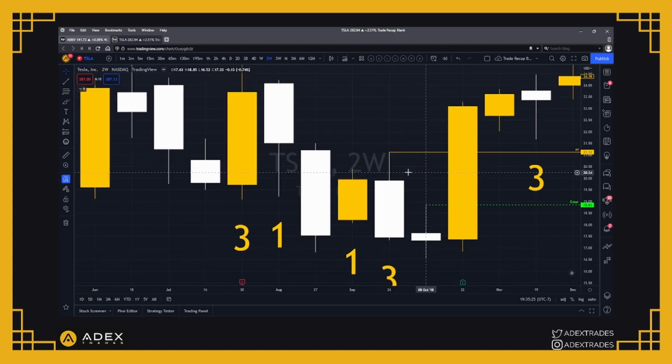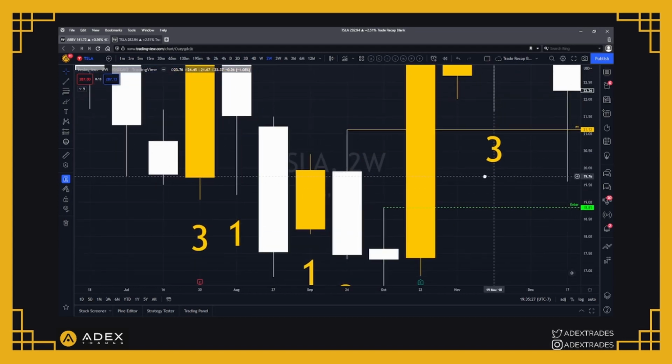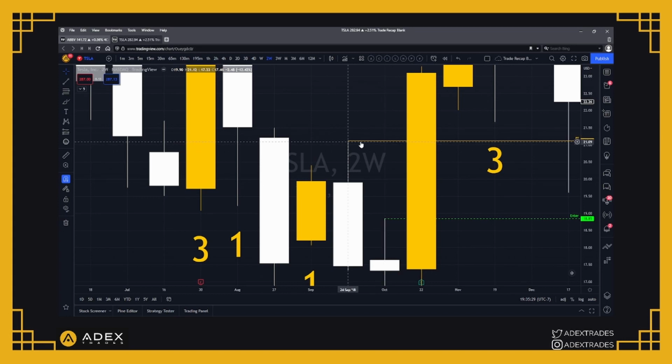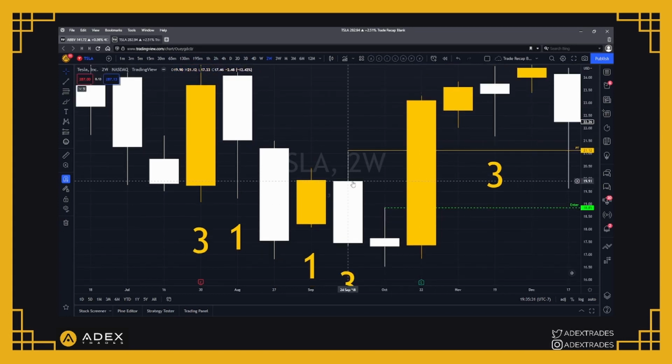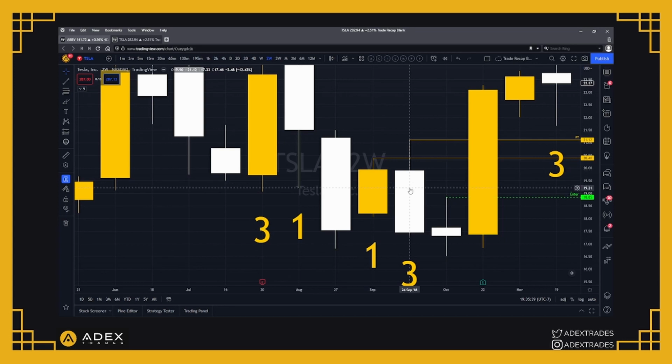Like Tesla, for example, on this 2 week, although the price target right here is at 21.12, there's another price target before this 21.12, and that's actually right here at 20.40. You want to use previous wicks as well, because previous wicks are where previous orders were placed, and you can see possible support and resistance at those wicks.